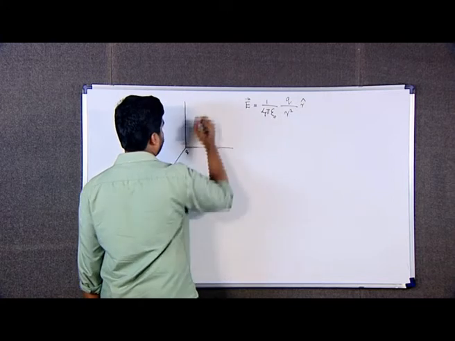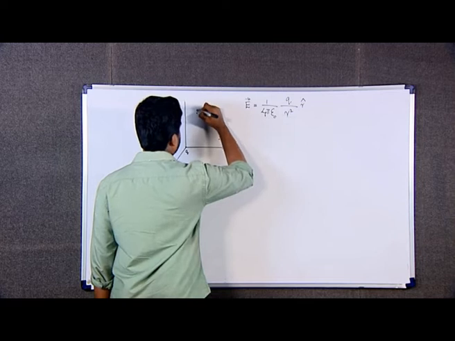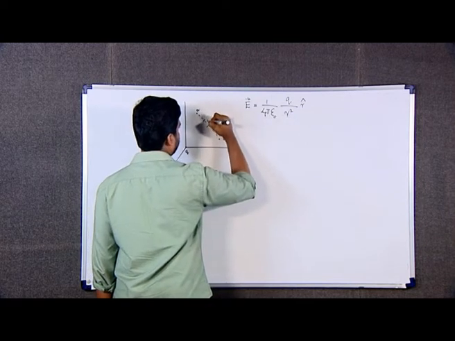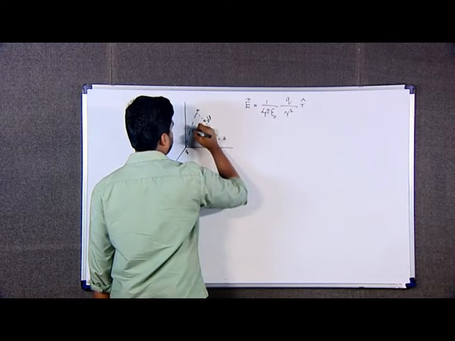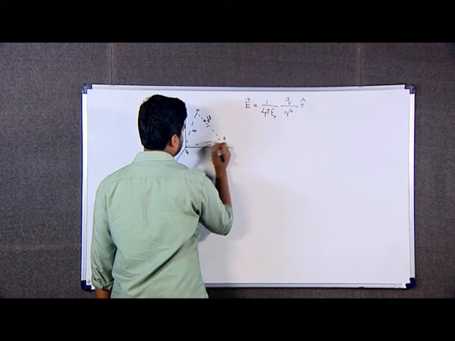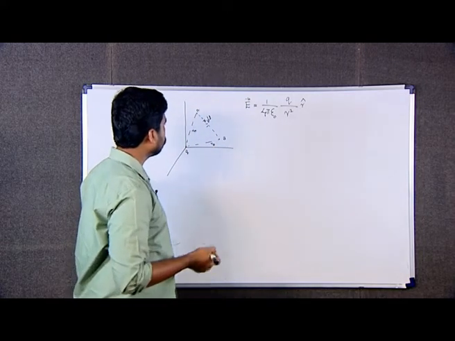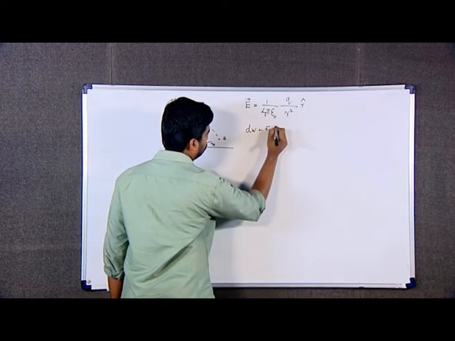And now, I am moving from a point A to the point B. A plus 1 Coulomb charge is moving from the point A to the point B with a small displacement dl, and the position vector to the point A is ra and the position vector to the point B is rb. So, the total work done dW is equal to F dot dl.